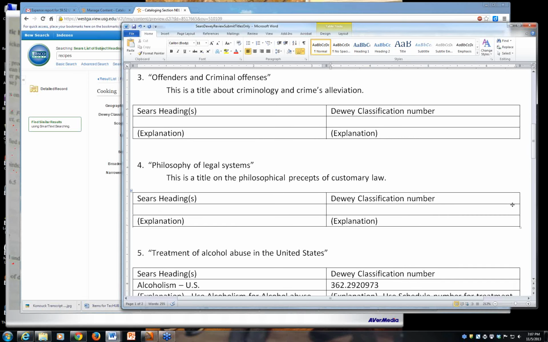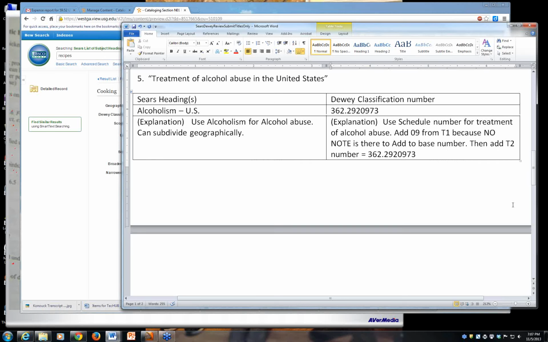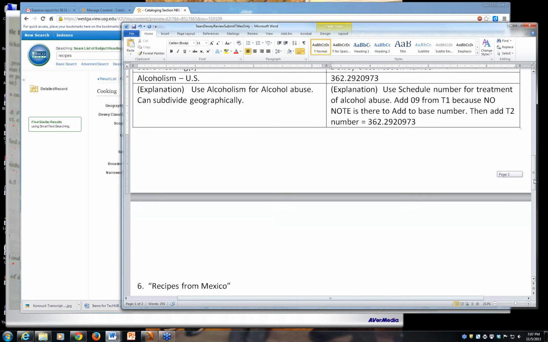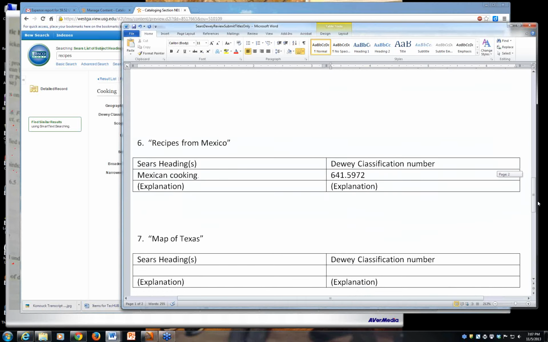And at this point, we skipped on down to cover one where we would include the 09 because there was no add to base number note. And then an example of one where we had the add to base number note where we didn't have to interpose 09.